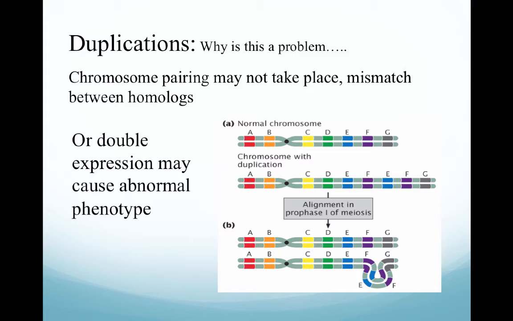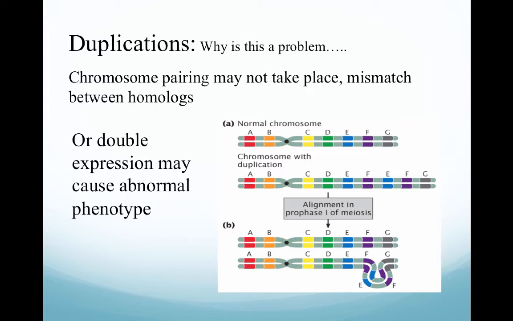Therefore, matching up during the prophase stage of meiosis really isn't a big issue. But if you get into a heterozygous situation where one chromosome has the duplication and one does not, you can get into some situations where these loops would actually have to form, and you wouldn't get really good lining up of those chromosomes during metaphase and then separating during anaphase.